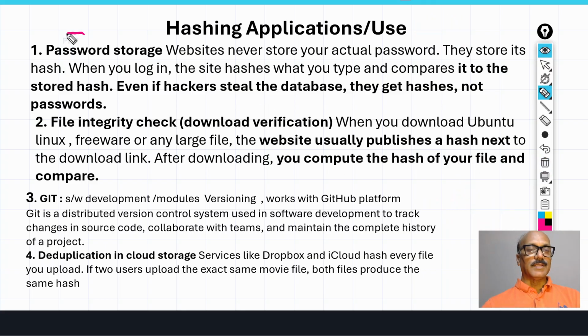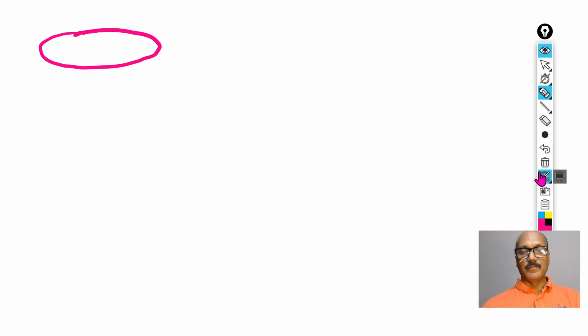First application of hashing, password storage. Let me take you to the whiteboard. Remember, when you log into a website, from the system, you are providing a username and password.